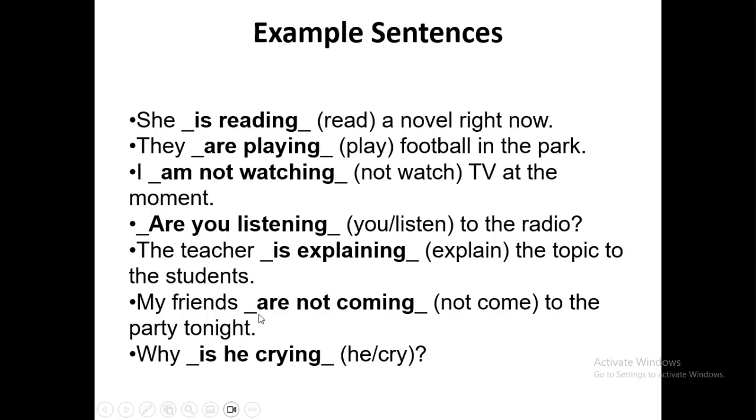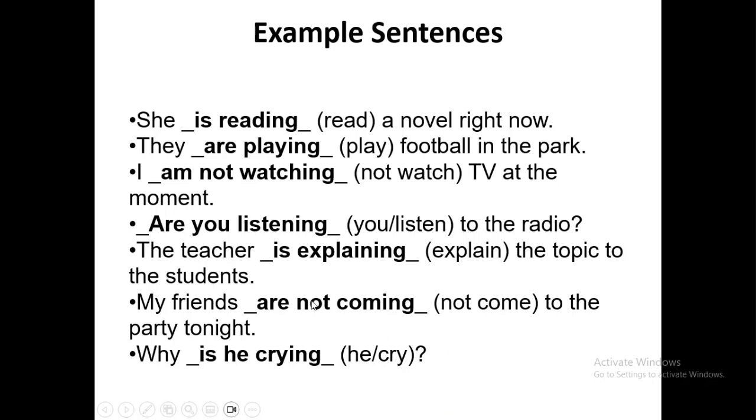My friends dash to the party tonight. In the bracket, we find not come. So the right answer is my friends are not coming. Why dash question mark? In the bracket, he cry.